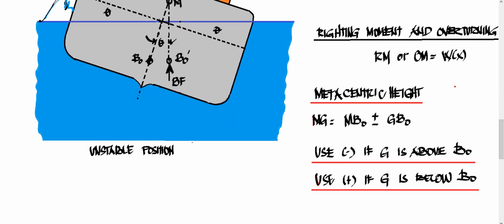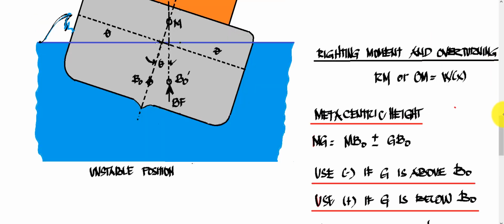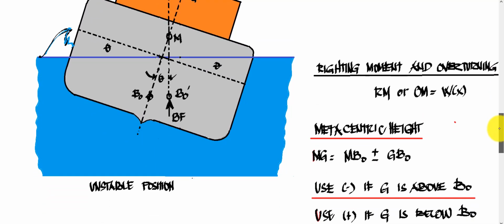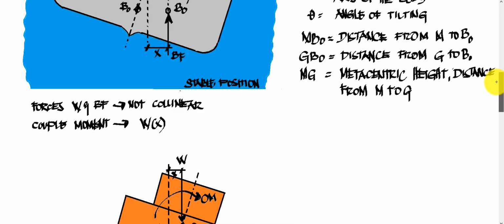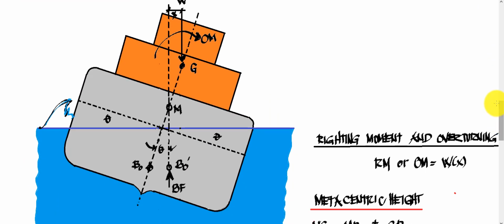And take note also that our M, which is your metacenter, is always above the center of buoyancy. Looking at the figure, M will always be above B. So we have your M here and you have your B here, and the same also here, we have your M and you have your B.